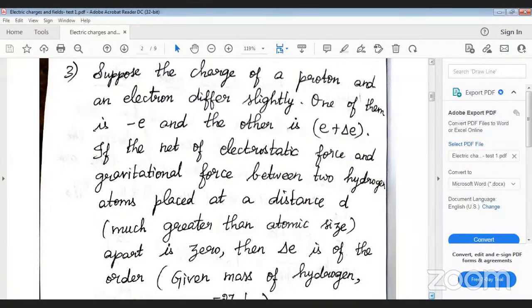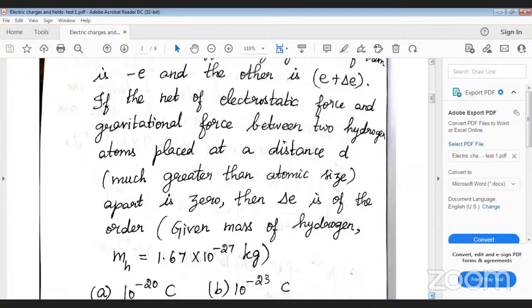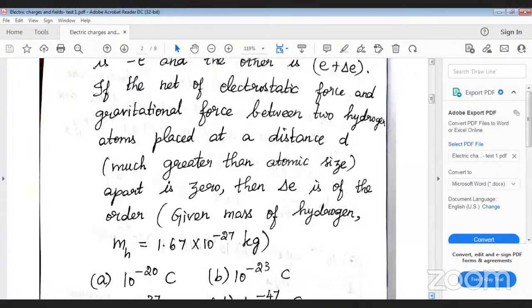Now, if the net of electrostatic force and gravitational force between two hydrogen atoms placed at a distance d much greater than atomic size apart is 0, then delta E is of the order. Given the mass of hydrogen, m suffix h is equal to 1.67 into 10 power minus 27 kg.